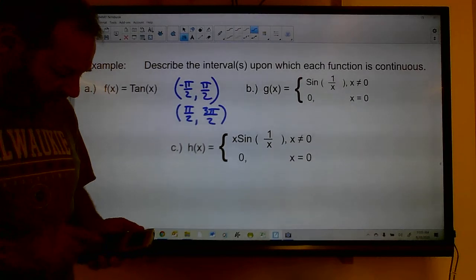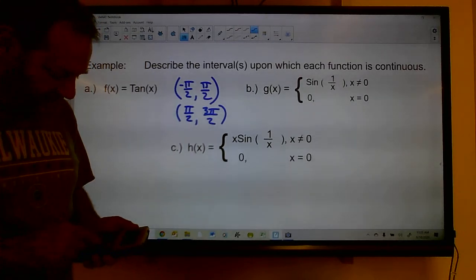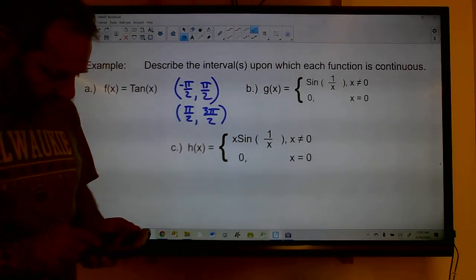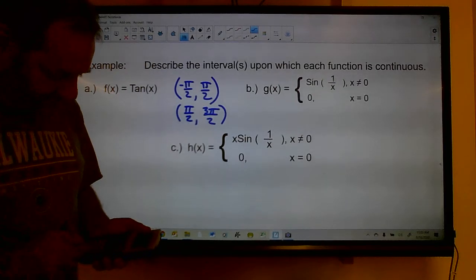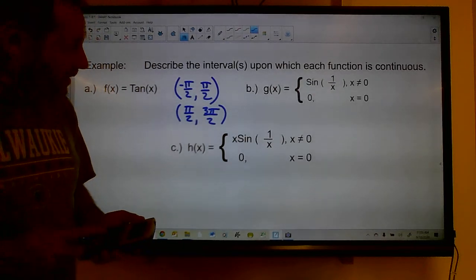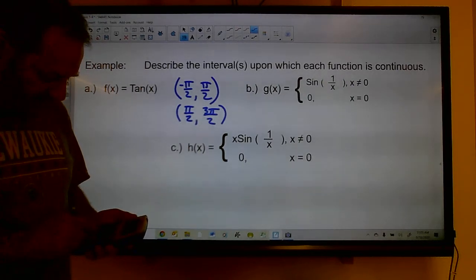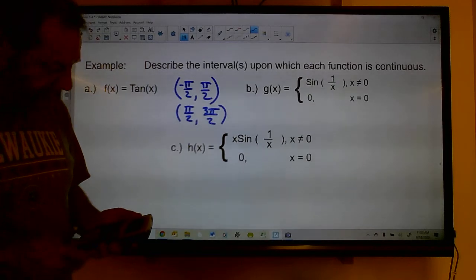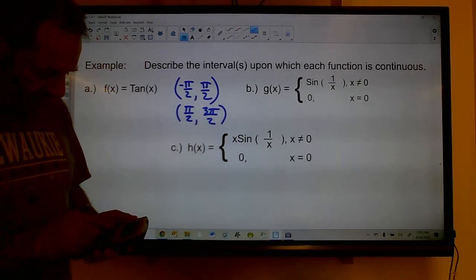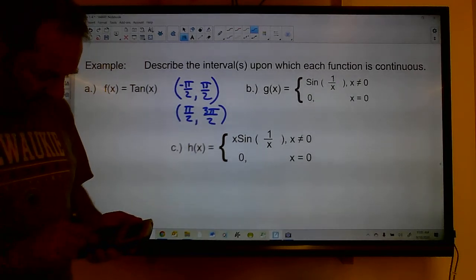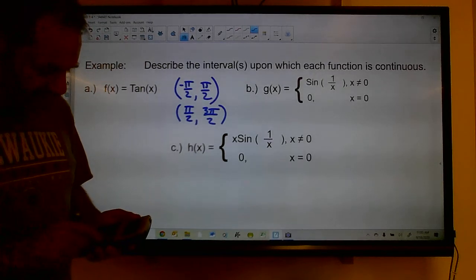You want to make sure you're in radians in your calculator, so make sure it's not in degrees. And then I would go ahead and type in sine of 1 divided by x and close the parentheses. Make sure you have no other functions in your calculator as well.